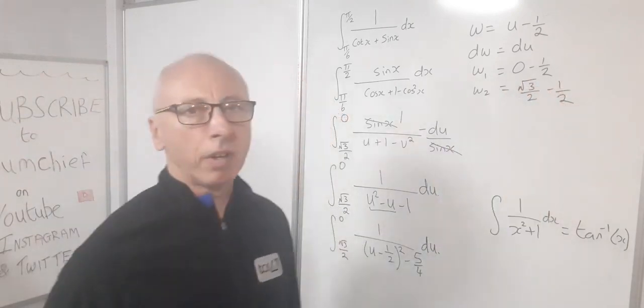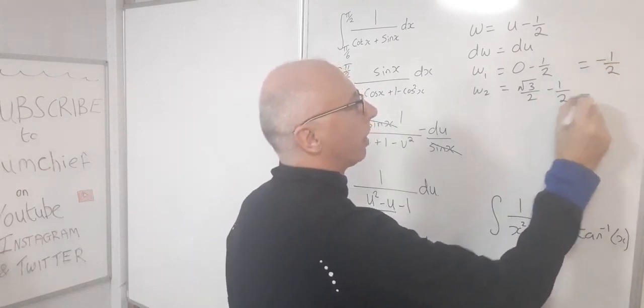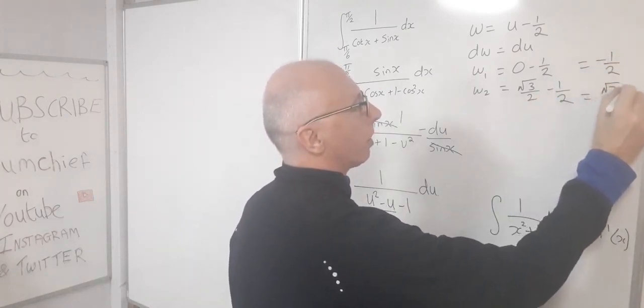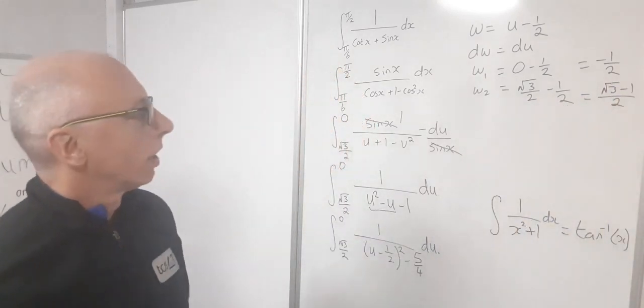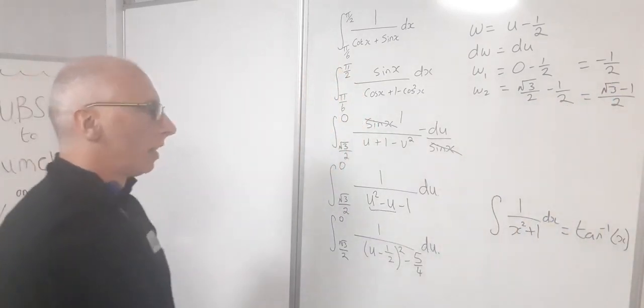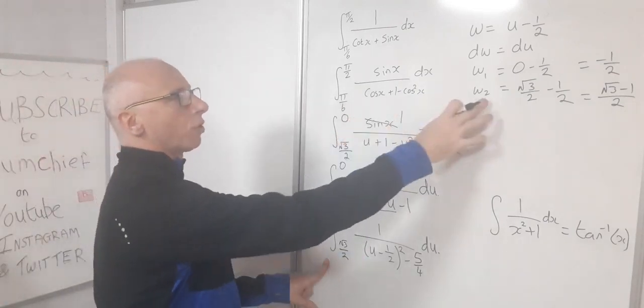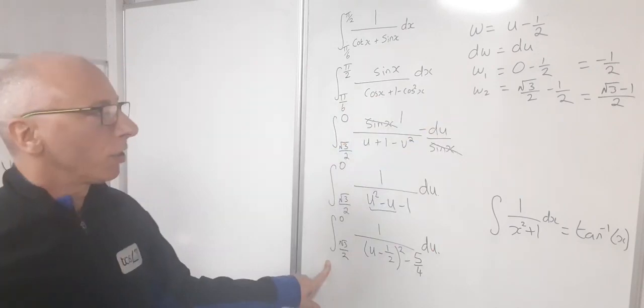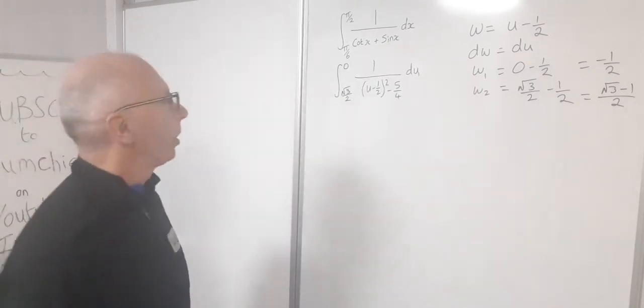Okay, well these can all be very easily simplified. That just becomes minus 1/2, and that just becomes root 3 minus 1 over 2, common denominators. Okay, right, let's take this off the board and put this integral up here, and we'll try and find this in terms of our w.